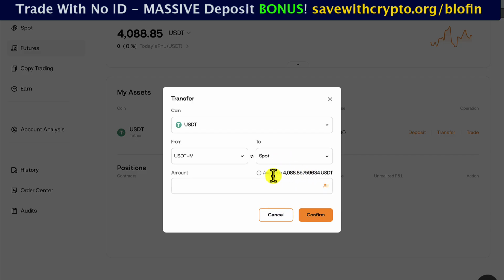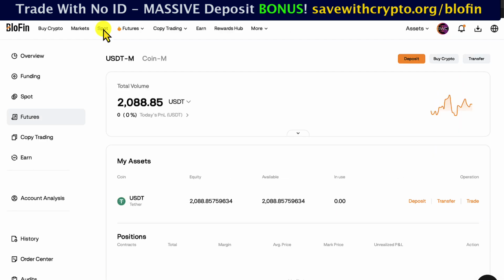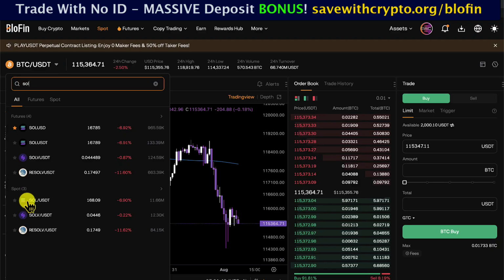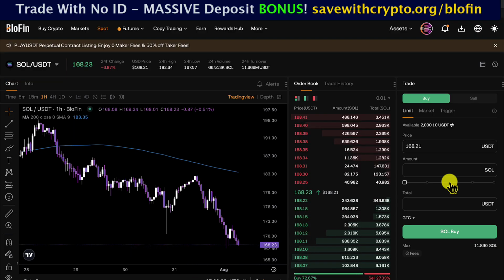Okay, I'm going to do about half that, so maybe like $2,000, and then I'm going to go to spot, look for Solana, and go for spot here, and I'm going to do a limit buy because that's cheaper.